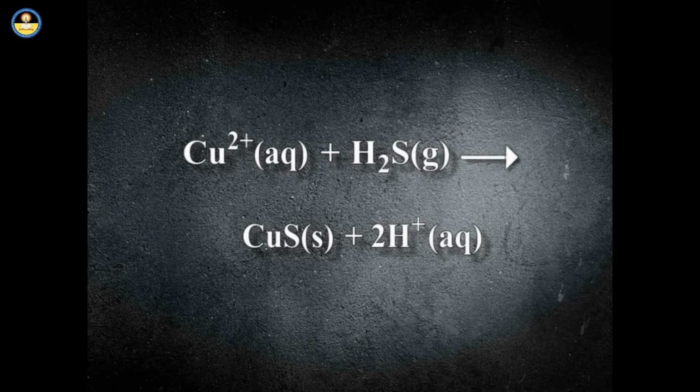When H₂S gas is passed through a solution of cupric ions, Cu²⁺, a black precipitate of copper sulfide and hydrogen ions are formed.